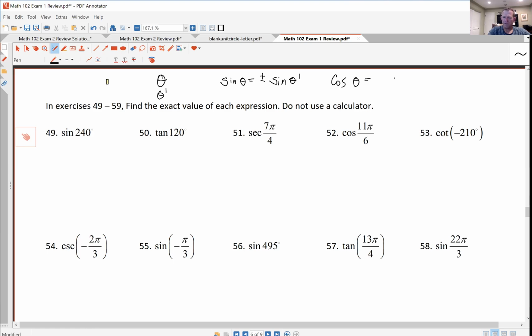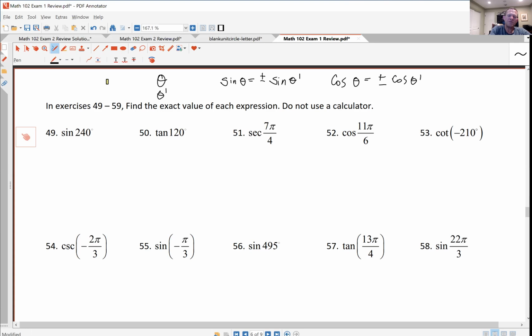Cosine of theta: we find the cosine of theta prime, and then we put a plus on it if theta is in quadrant 1 or 4, and a negative on it if it's in quadrant 2 or 3. So that's why we spent a bit of time doing reference angles.